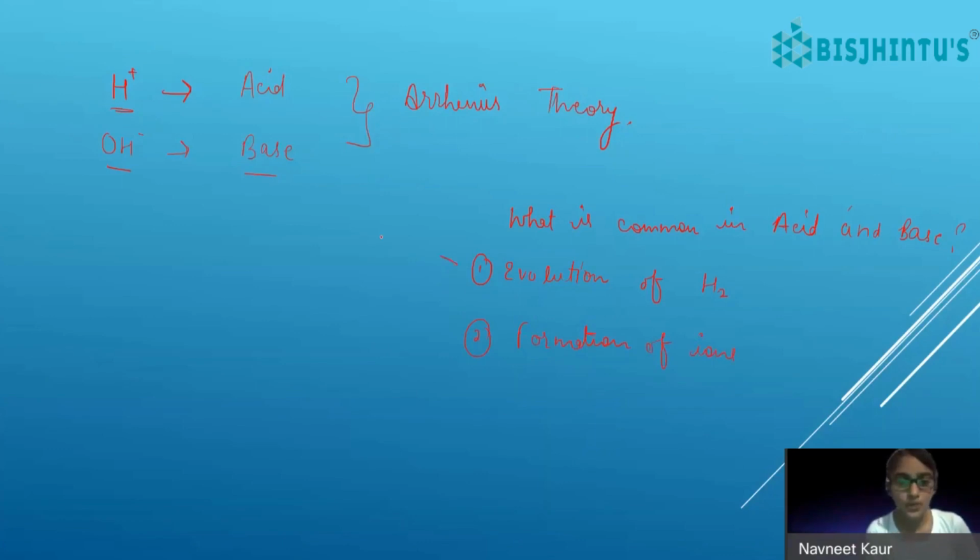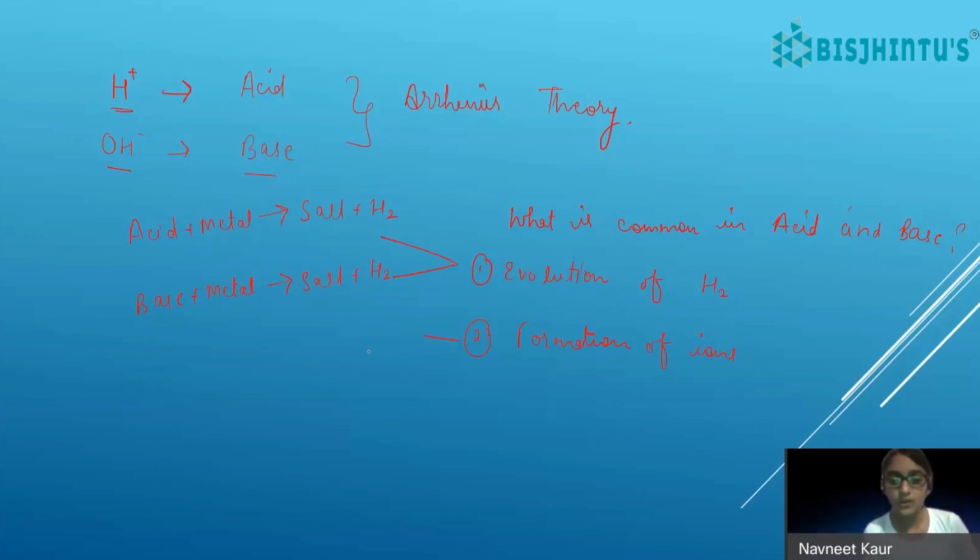So in our first point, what did we read? That acid when reacting with metal leads to the formation of salt and release of hydrogen gas. The same reaction occurs with the base. Base when reacting with metal leads to the formation of salt and release of hydrogen gas.